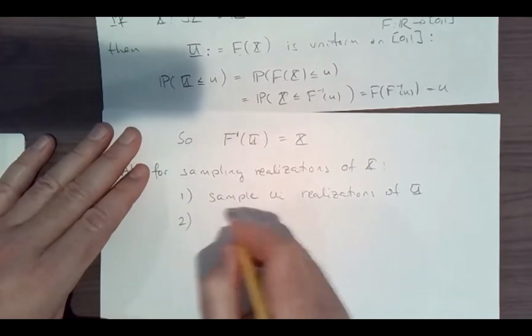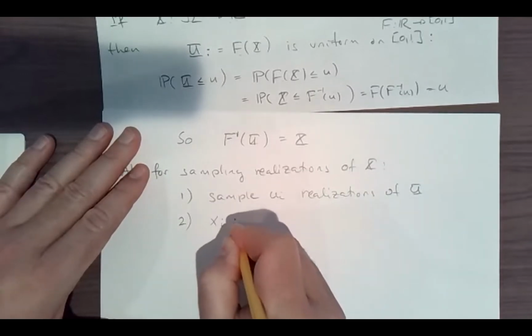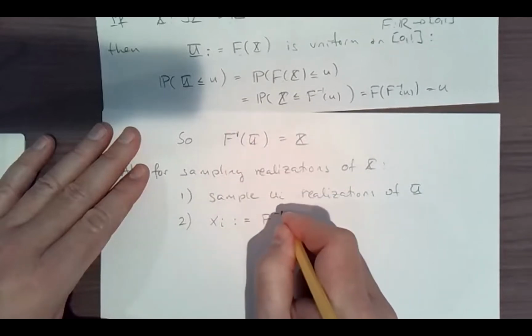And then the second step, you simply set Xi to be F inverse of Ui.